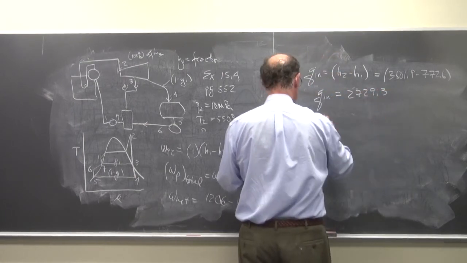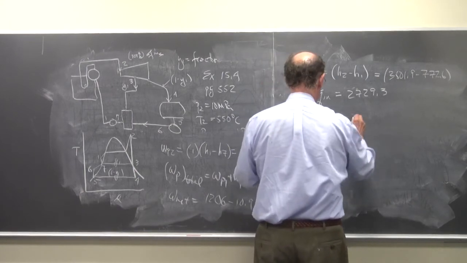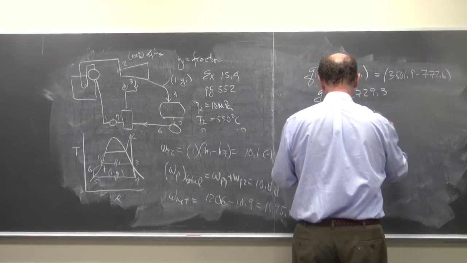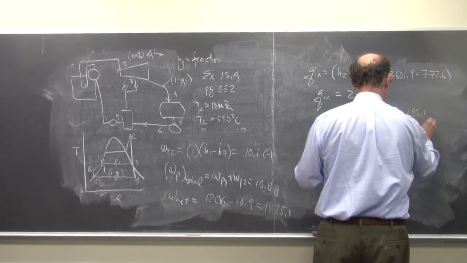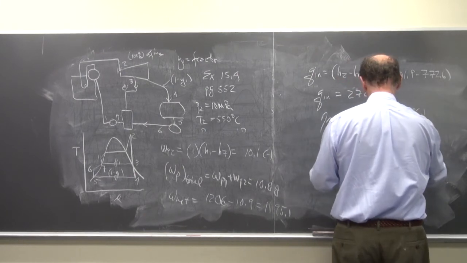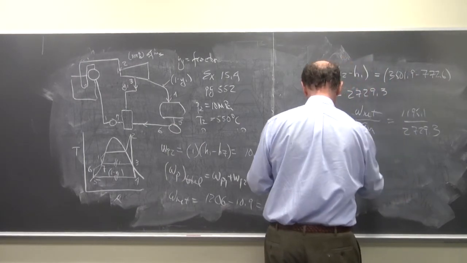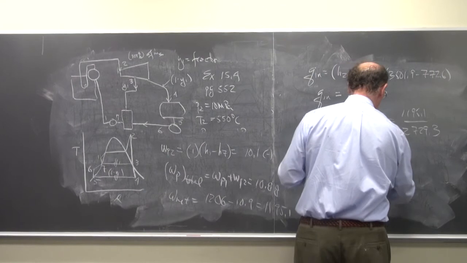And the thermal efficiency is equal to W net over Qn is equal to 1195.1 over 2729.3 is equal to 0.438.